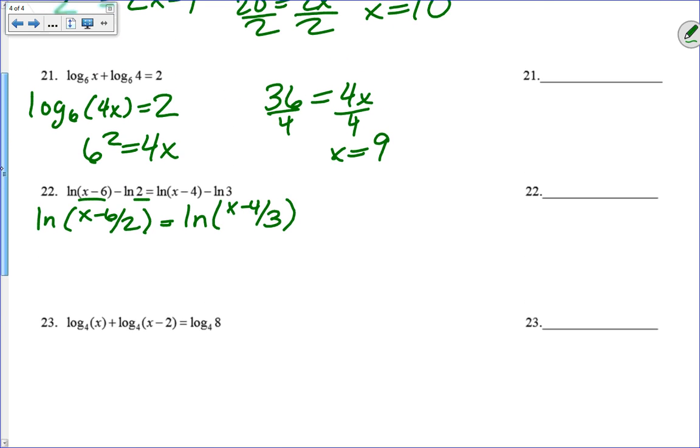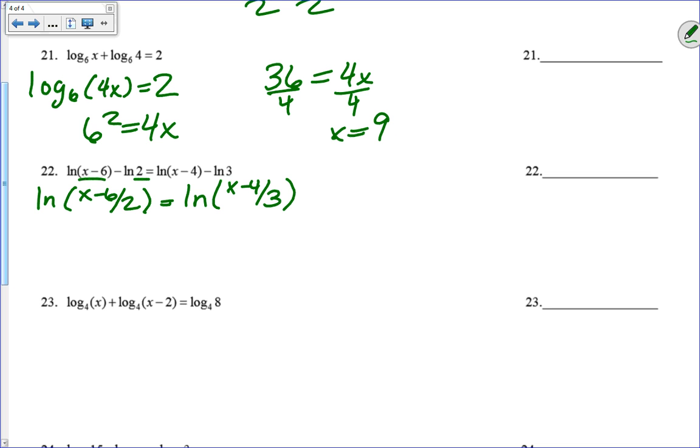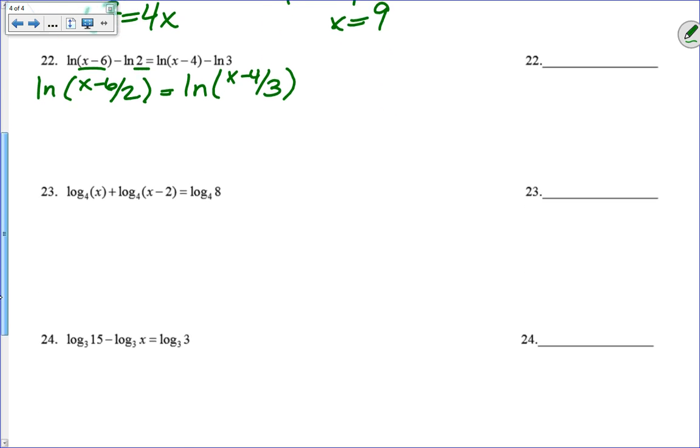The difference between 22 and 21. In 21, we cannot just drop our logs and say x plus 4 is equal to 2. It's only the situation where you have logs on both sides of the equal sign, or natural logs on both sides of the equal sign, okay? And they have to be the same base, exactly. So now we can just take x minus 6 over 2 is equal to x minus 4 over 3. So how do we solve this type of problem?